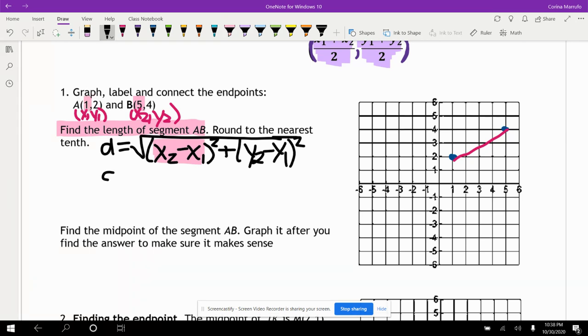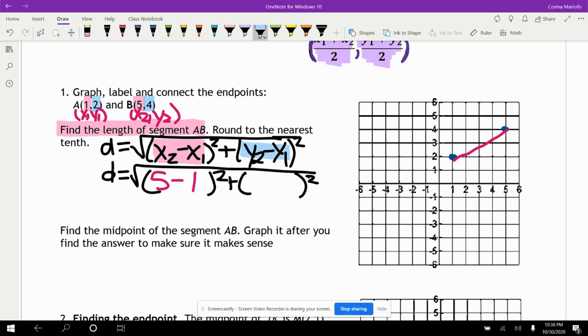So our distance equals the square root of, okay, I'm going to go ahead and just plug these in here. So I'm just going to rewrite it. And so here, my x value starting with the second point we said was 5 minus 1. Okay, on the other section, we have here 4 and 2. Those are my y values. Remember, we start with the second point. So my second point is 4, so we're going to do 4 minus 2.